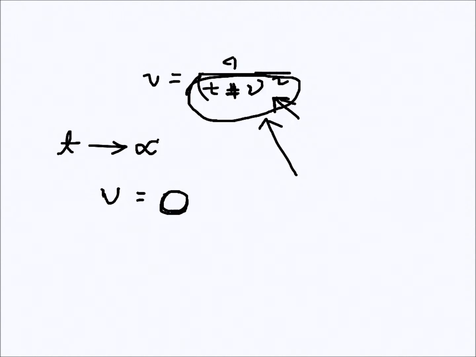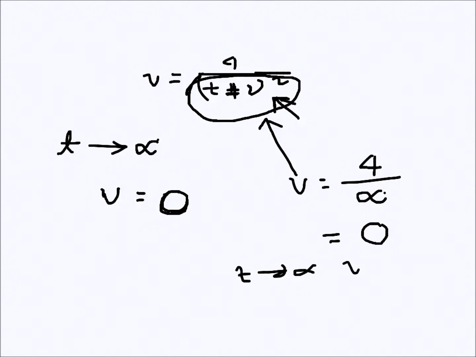So the particle approaches rest and the limiting velocity becomes 0. As t goes to infinity, v is 4 over an infinite denominator, so of course something over infinity we will get 0. So the limiting velocity as t tends to infinity is 0.